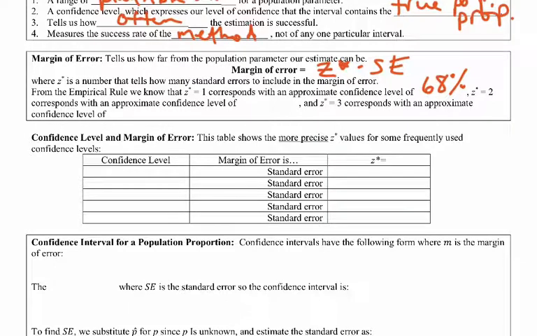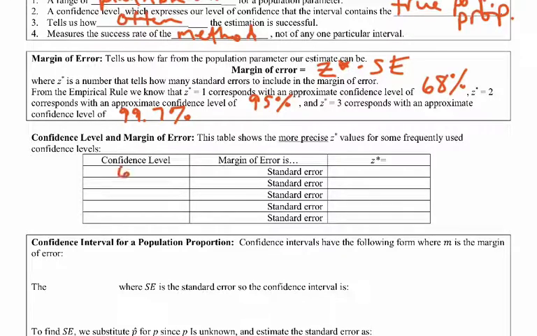It's the same idea. Z star equals 2, what would that correspond with? An approximate confidence level of 95%. And Z star equals 3 would correspond with an approximate confidence level of 99.7%. And so this table here, I'm going to give you a table. This is going to talk about all of the Z star values that you might have to work with if you're computing one of these by hand.